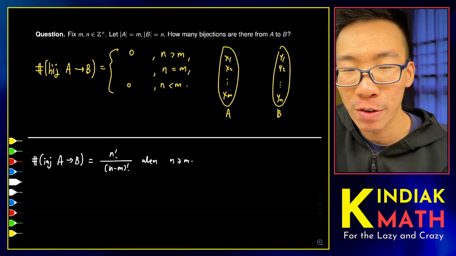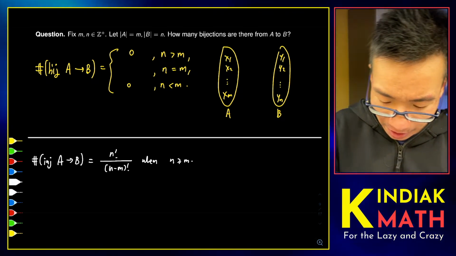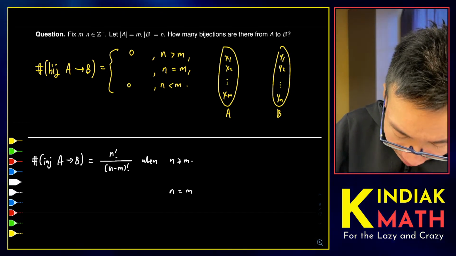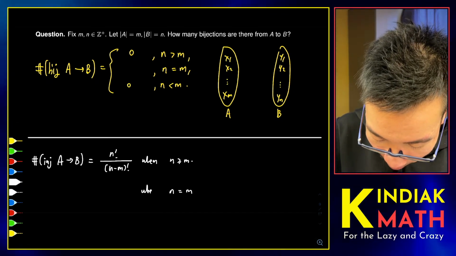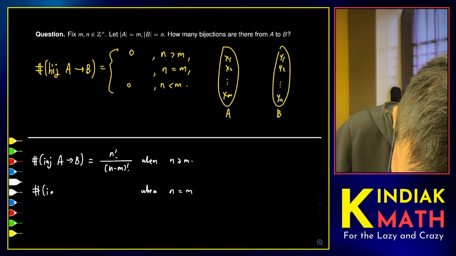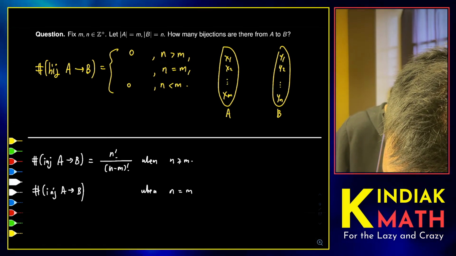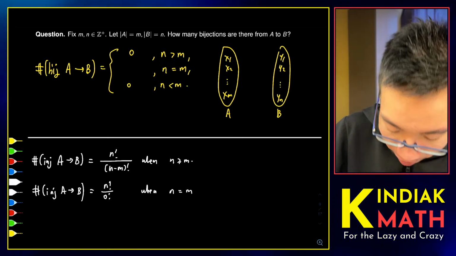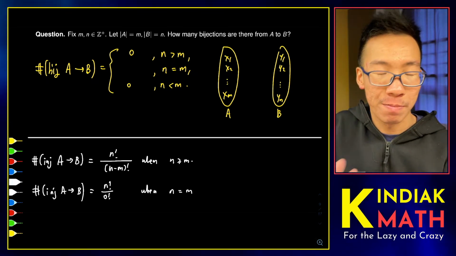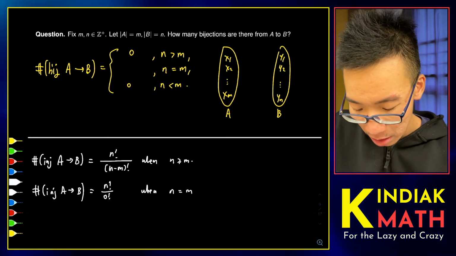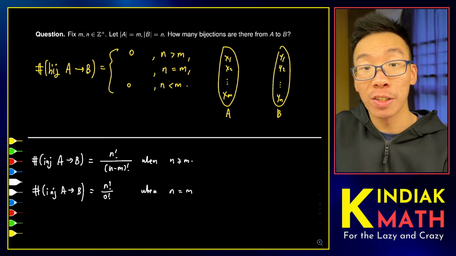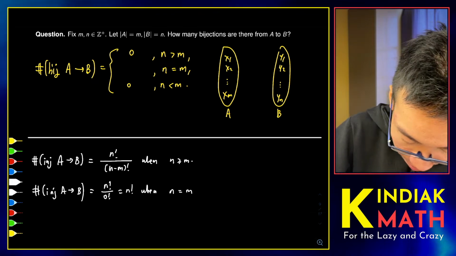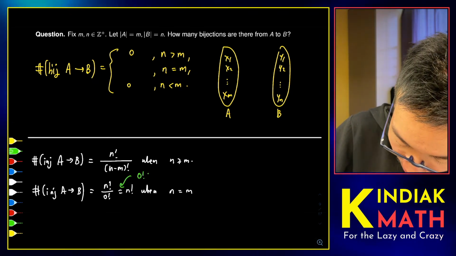So if n equals m, then the number of injections from A to B is n factorial over 0 factorial. In fact, it's m factorial, but you get the point. And 0 factorial, by our notation, is 1, because by definition 0 factorial is 1.